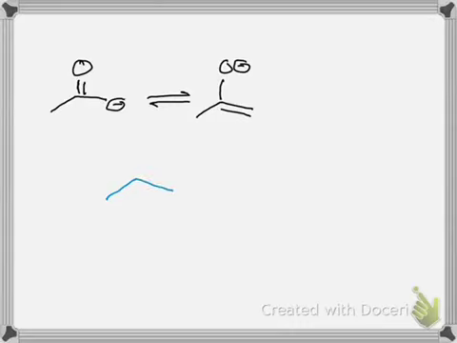And the resonance hybrid would look like this, where all the sigma bonds are where they need to be. You get dashed lines everywhere you have pi bond density. You get a partial negative at the oxygen and a partial negative at that carbon.